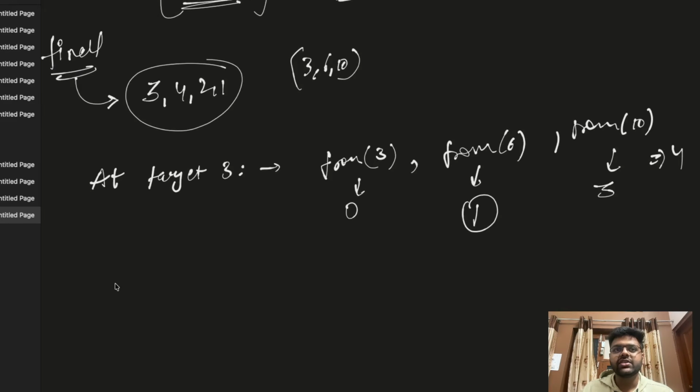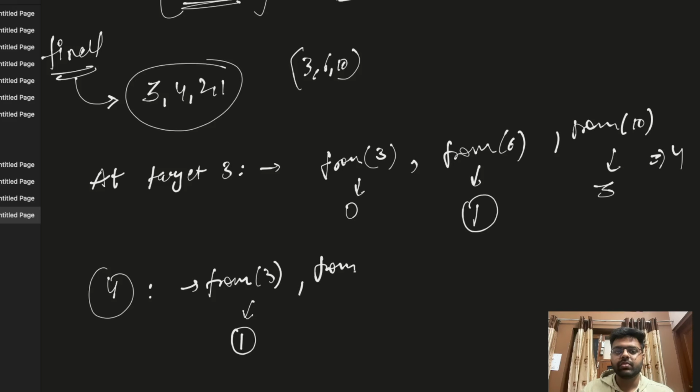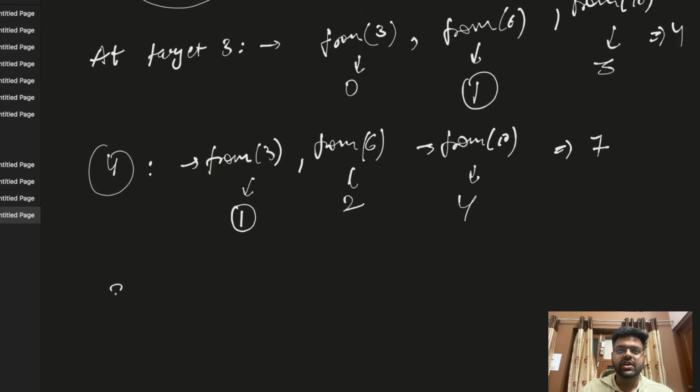Similarly, I will check for 4. For target 4, from 3 I would be requiring 1 step, from 6 I would be requiring 2 steps, and from 10 I would be requiring 4 steps. So here the answer would have been 7. I'll check for 2 as well: 2 steps for this, 3 for this, and for 10 I would need 5, so there would be 10 steps.